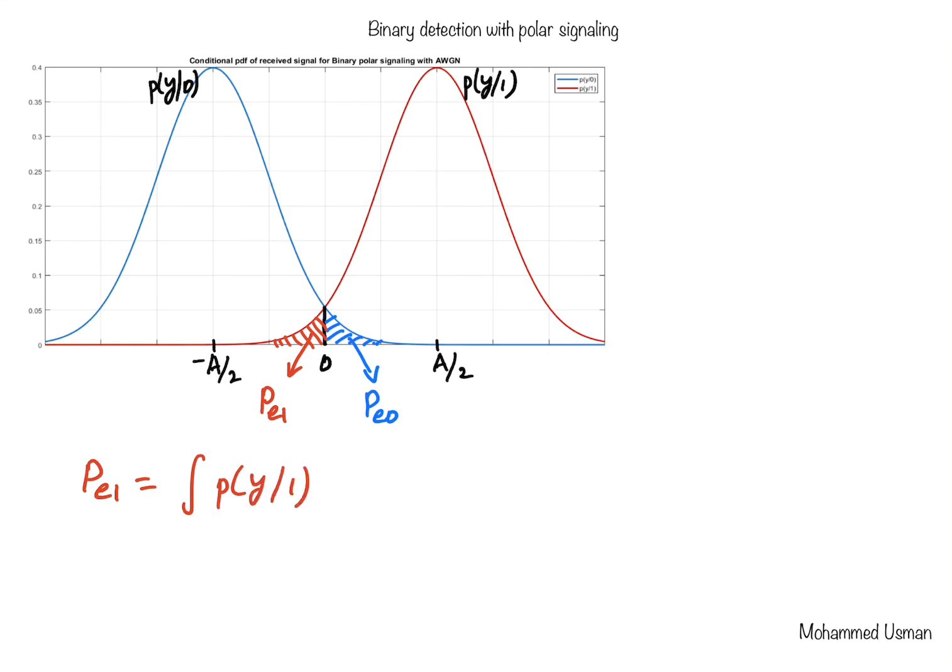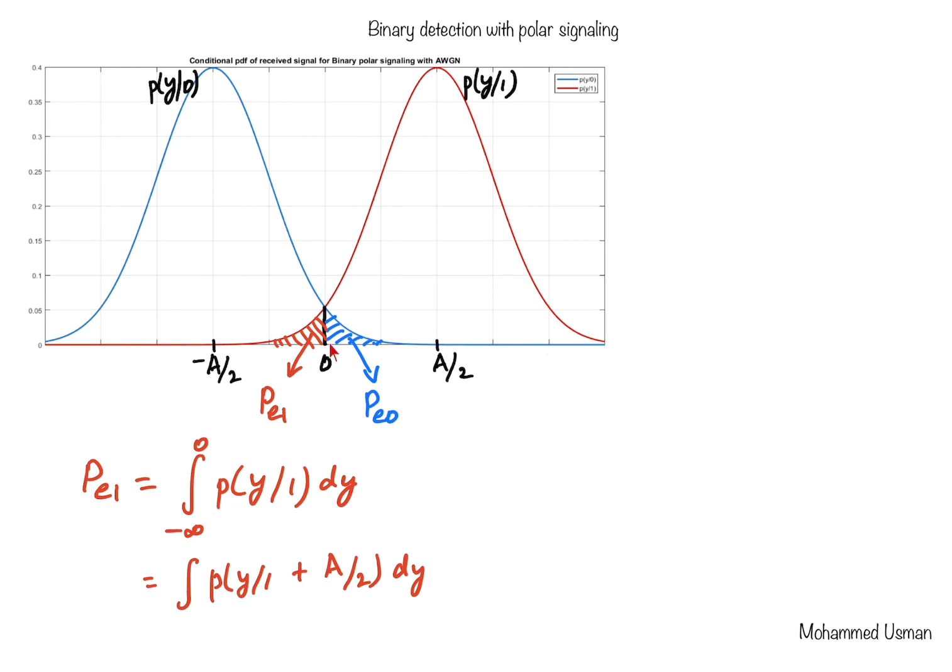So PE1, let's write it initially as the area under this red PDF, which is P of y given 1, to the left of the threshold, that is from minus infinity to 0, dy. Now we want to shift it to the left and make it centered on 0. So shifting to the left is P of y given 1, shift to the left means plus, and we want to shift it by a by 2, dy. And when we shift the PDF to the left, the limits of integration will also get shifted.